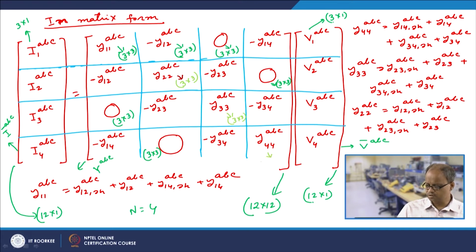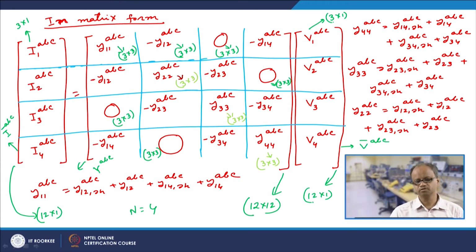This is also a 3 cross 3 matrix. This diagonal 3 cross 3 matrix is nothing but the sum total of all the 3 cross 3 admittance matrices directly connected to that bus.